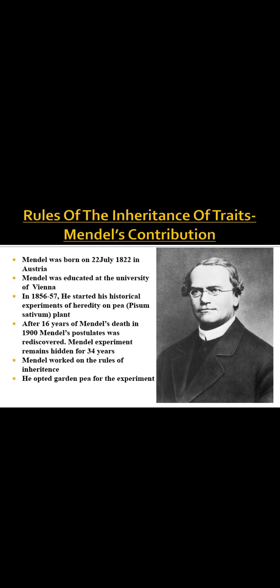He went back to his monastery and started growing peas. He was a monk in the church, and there was a large garden near the church where he started growing vegetables, including pea plants.